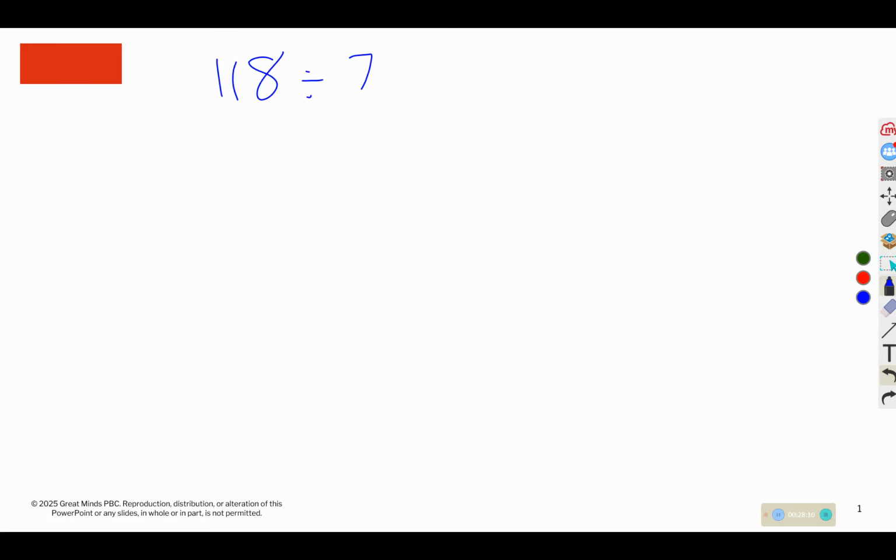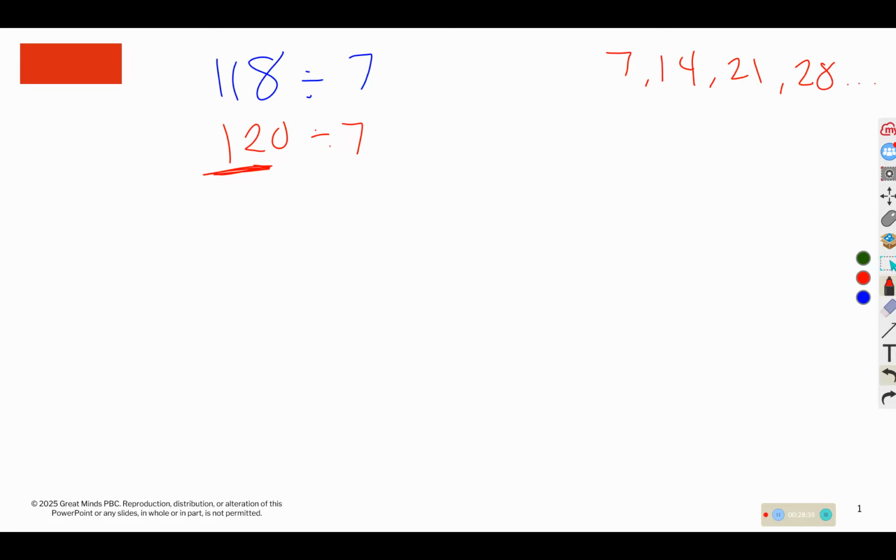So I know that 118 is close to 120. But is 120 easily divisible by 7? Let's think about 12. Is 12 a multiple of 7? We have 7, 14, 21, 28, and so on.